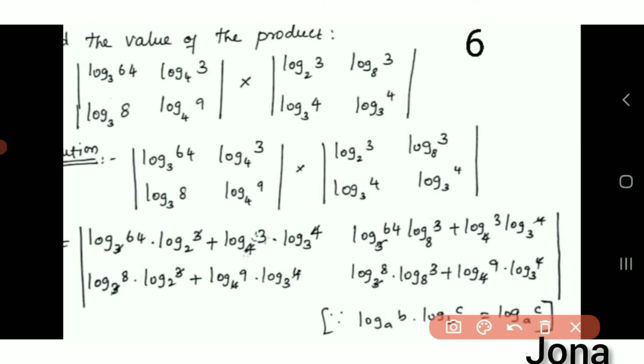So as usual, the product is the ordinary matrix multiplication product, which we already know. Like this we have to multiply here.